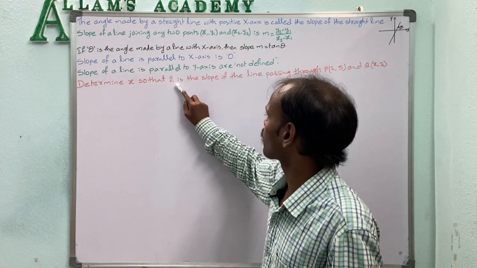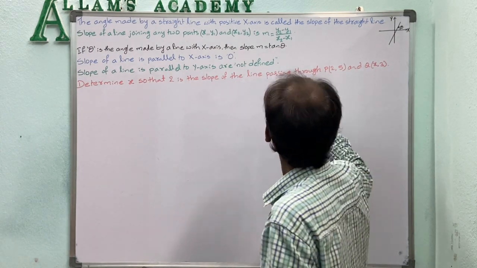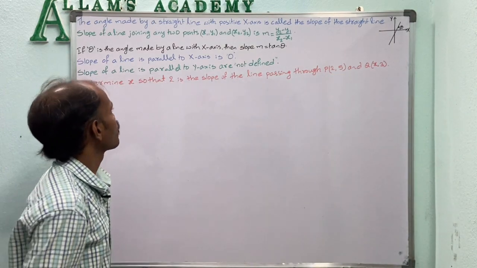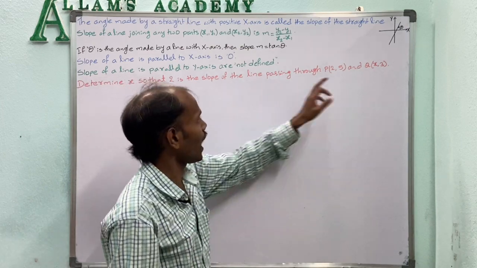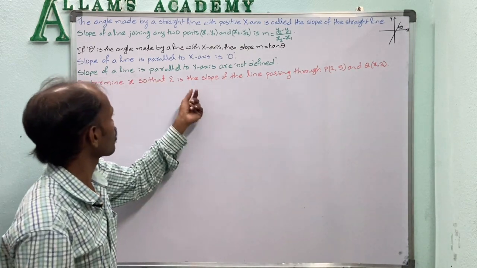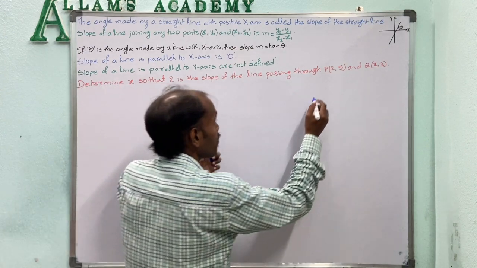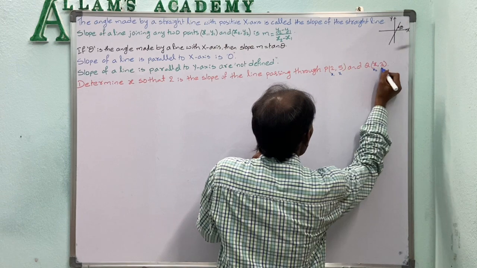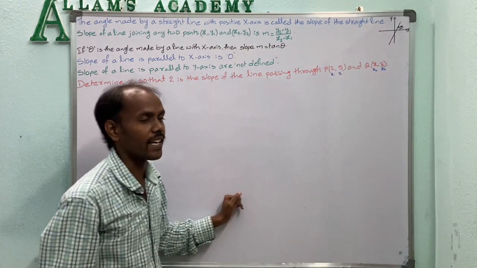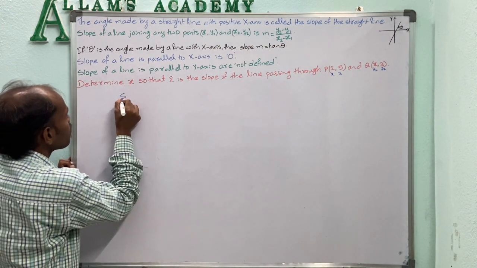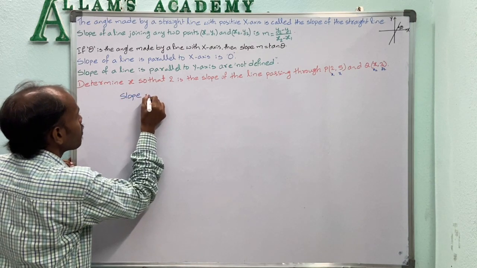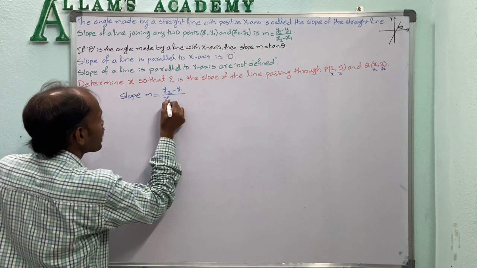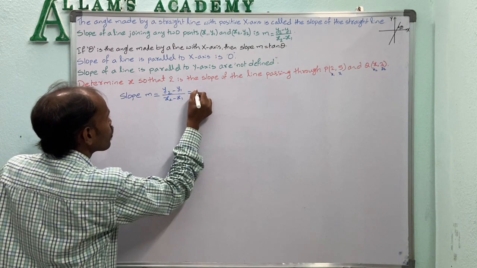Determine x so that 2 is the slope of the line passing through P of 2 comma 5 and Q of x comma 3. So here we have to find the x value by using the slope principle. Here P of 2 comma 5 has the x1 y1 coordinates and x comma 3 are the x2 y2 coordinates. Then the slope m is equal to y2 minus y1 by x2 minus x1, that is equal to 2 given.